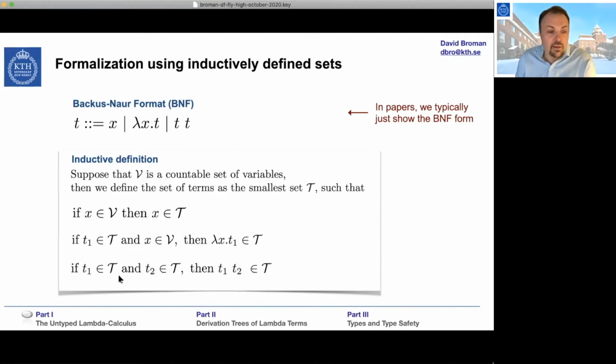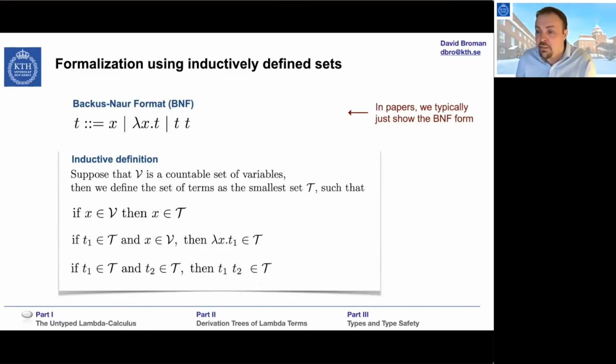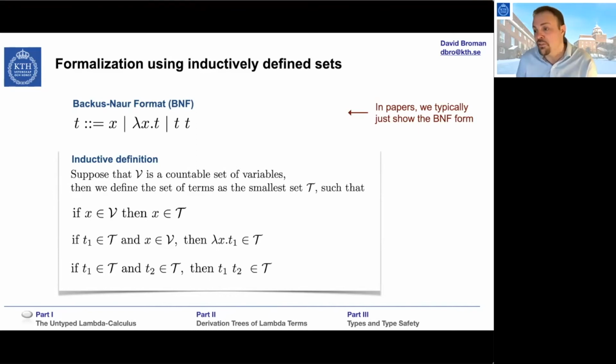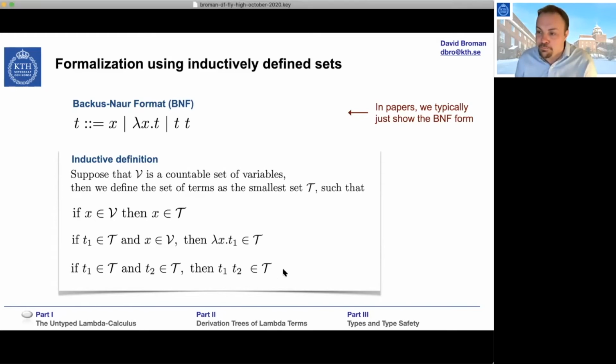If T1 is a term and T2 is a term, then T1 applied to T2 is a term. This is a way of defining this as an inductively defined set. Then you can do different kinds of proofs on this, like structural induction or well-founded induction. And this is how you prove things on these languages.